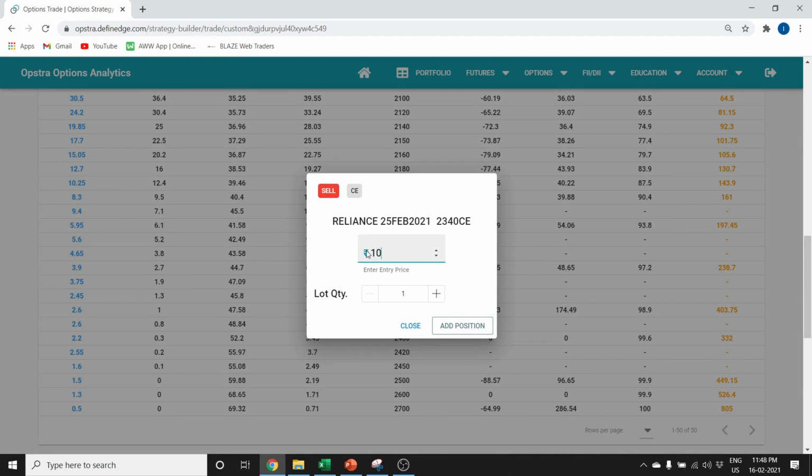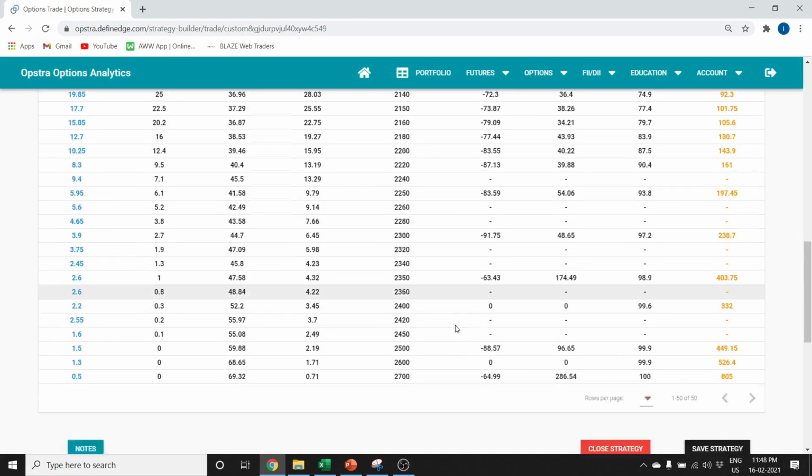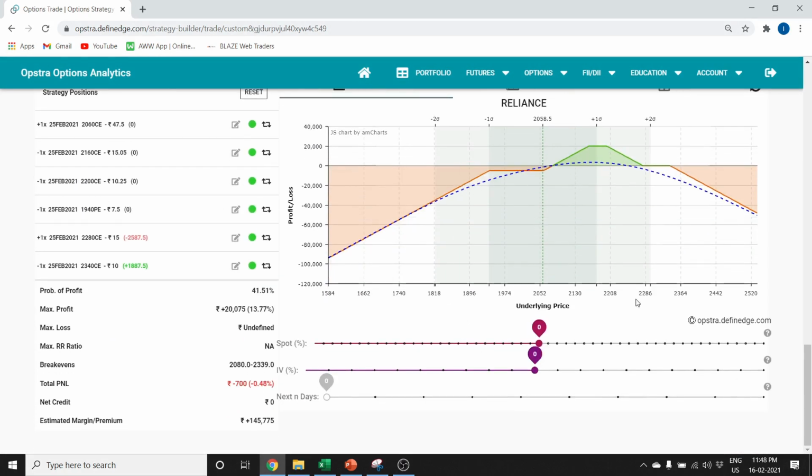This we are able to sell at 10. Now you can see what happened. Our break even level has shifted from 2280 to 2340, right? So we got some breathing space. Now we can further lift this flat line a little above by rolling up the put.